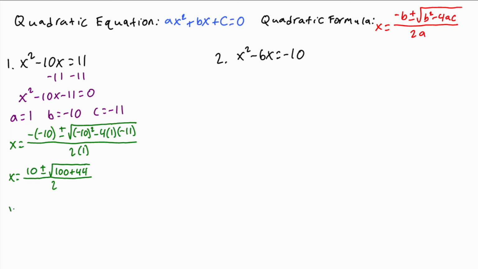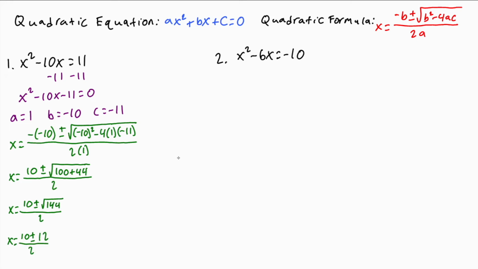And we can simplify that a little bit farther. 10 plus or minus the square root of 100 plus 44 is 144, all over 2. And then we have x equals 10 plus or minus the square root of 144 is 12, and then all over 2.